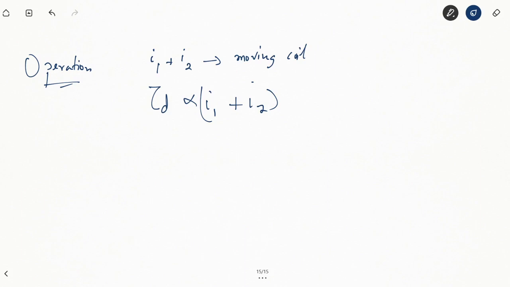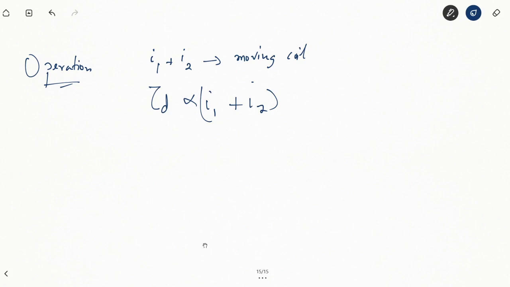So the torques that will be produced by both these two fixed coils will be acting in opposition to the moving coil. Now this resultant torque will therefore be a function of the frequency of the applied voltage. So if we can calibrate the scale of this device, we can find out the frequency from this device.